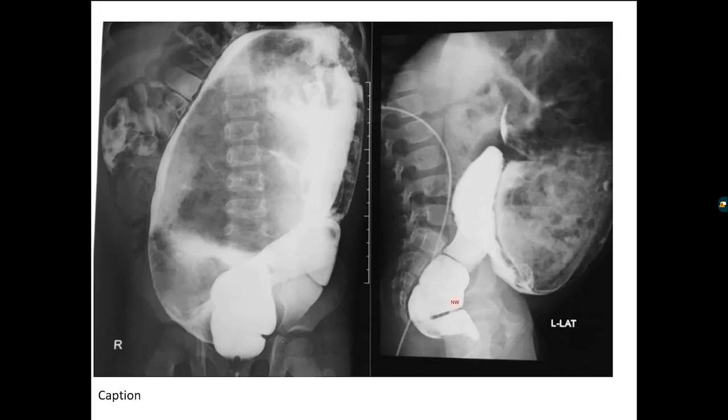And that was followed by a lower GI contrast study, which showed this appearance, again very characteristic of Hirschsprung disease. You can see that there is inversion of the rectosigmoid ratio, which is a typical feature that you see in Hirschsprung disease. The diagnosis was confirmed by a subsequent rectal biopsy, which showed features of Hirschsprung disease.